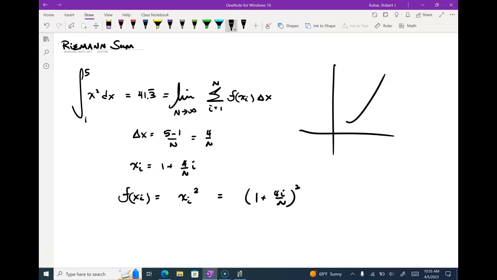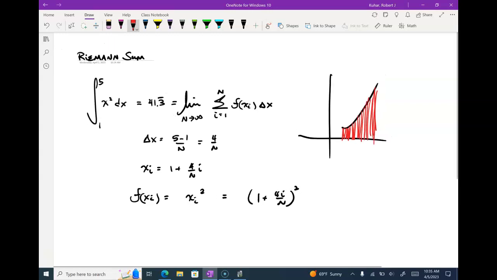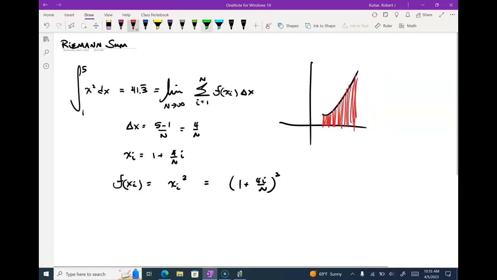It's getting smaller and smaller. Imagine the base is as small as the width of my pen tip. Do you see how close it is to getting the exact area? And so when I take this limit, what does that piece become?